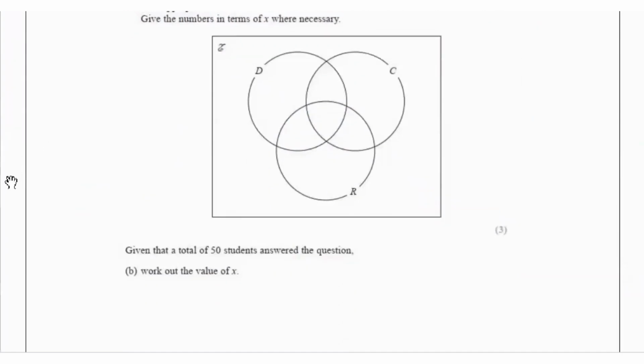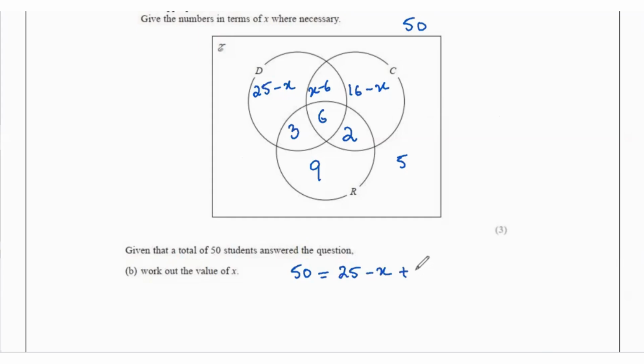Then it says, given that a total of 50 students answered the questions, work out the value of x. So in total, we have 50 students over here. If we add all of these up, they should equal 50. So 50 equals 25 minus x plus x minus 6 plus 16 minus x plus 3 plus 6 plus 2 plus 9 plus 5.